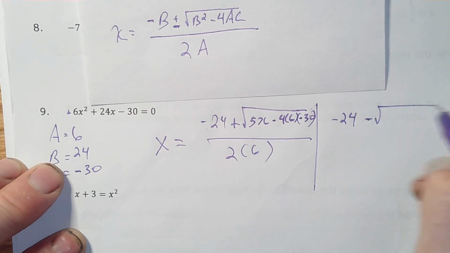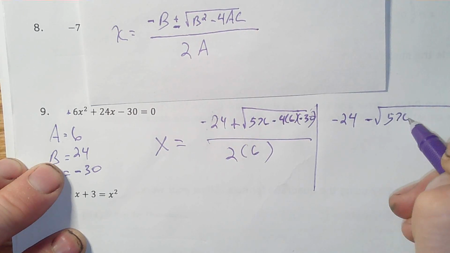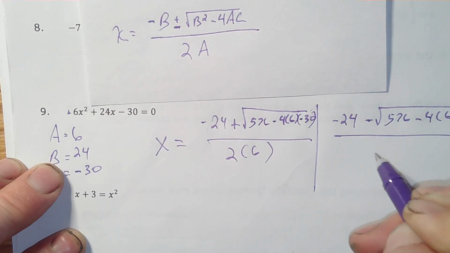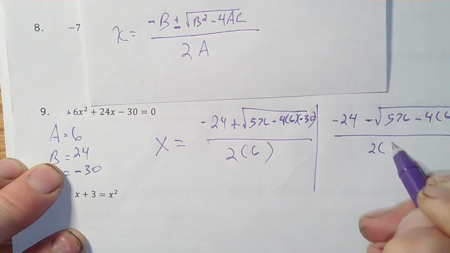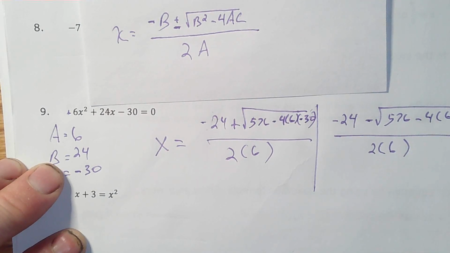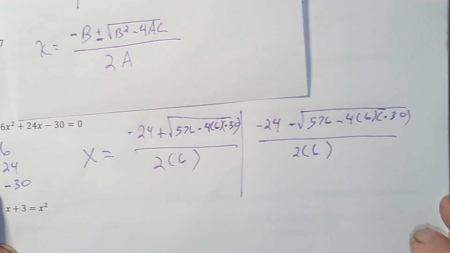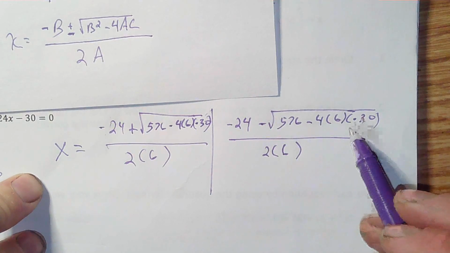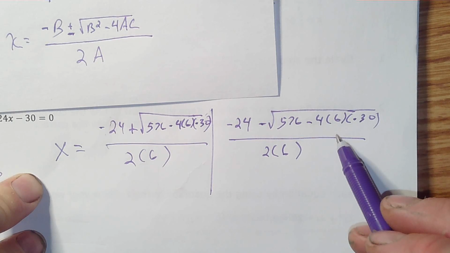So this is going to be the same stuff in here: 576 minus 4 times 6 times negative 30 divided by 2 times 6. Okay, so let's work our way out of this radical here, using our PEMDAS.